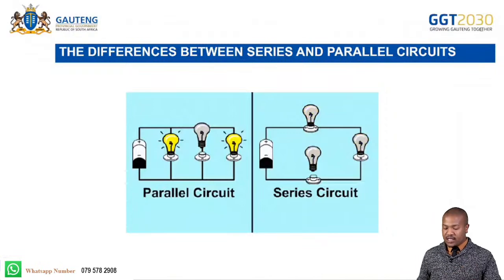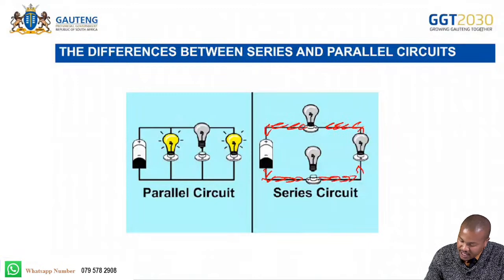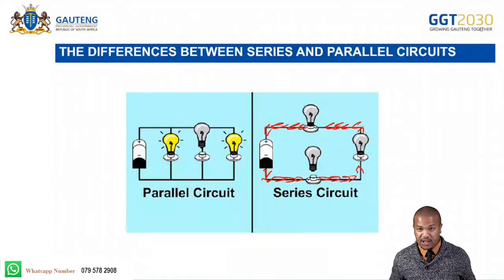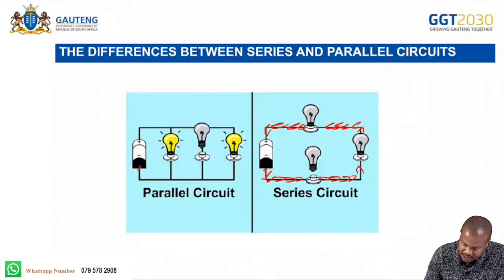So if you look at this, in a series circuit, there is only one pathway for current to flow, right? Moving from the negative terminal into the positive terminal of the power source, right? But in a parallel circuit, there is more than one pathway for electricity to flow, right?